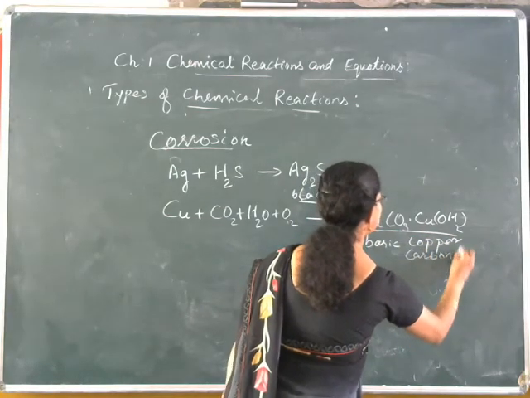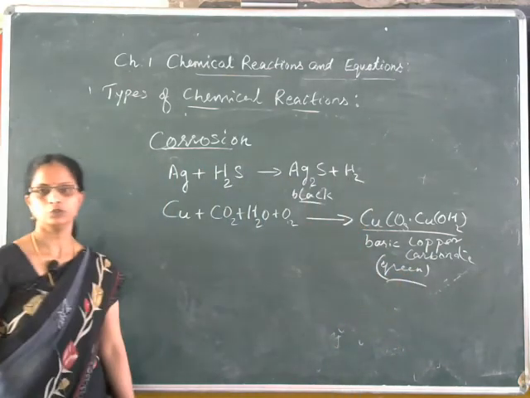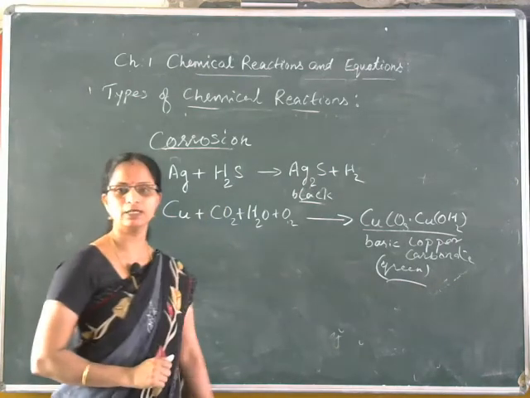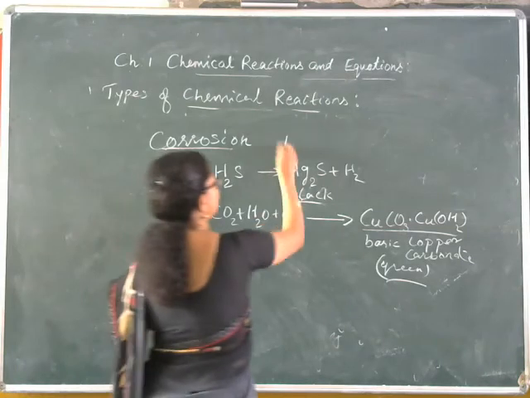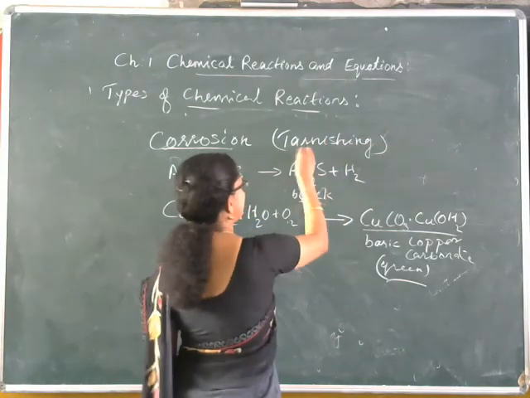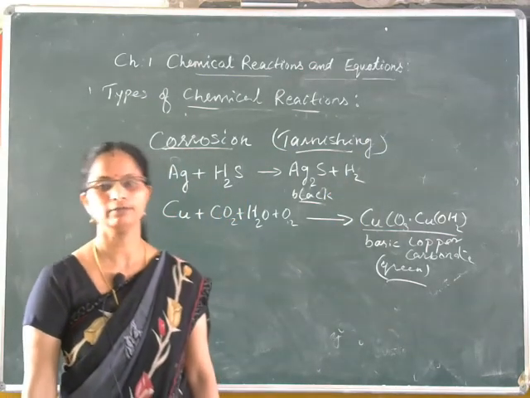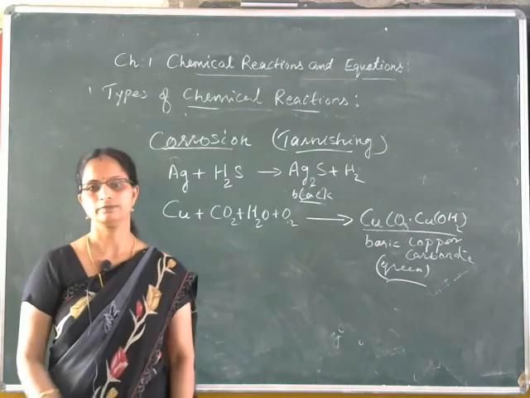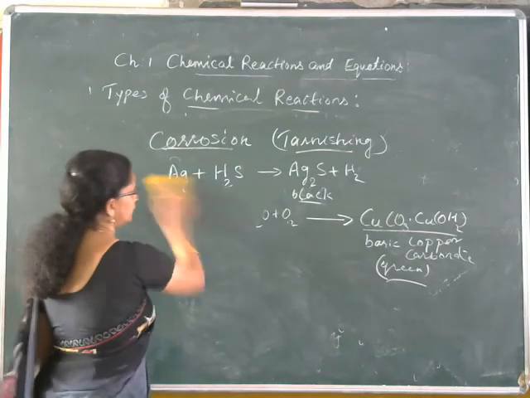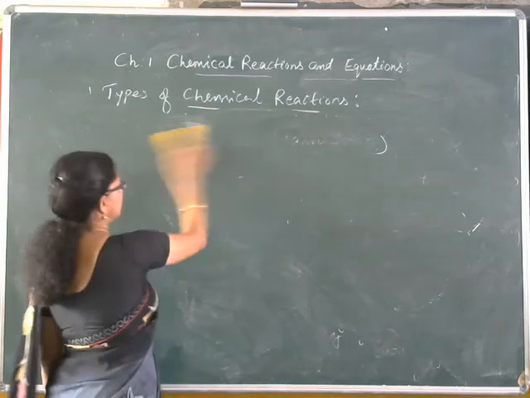This basic copper carbonate is green in color. So, commonly corrosion of silver and copper vessels is known as tarnishing, whereas for the corrosion of iron, the common word we use is rusting. So, this is a practical day-to-day impact that we see because of the reactions.